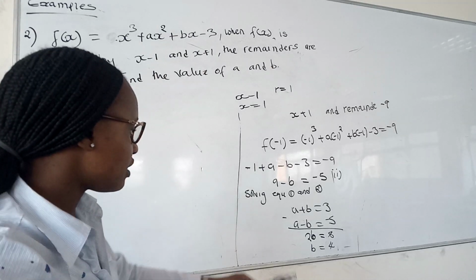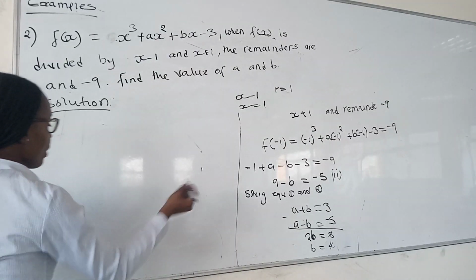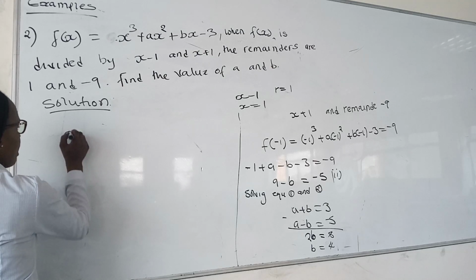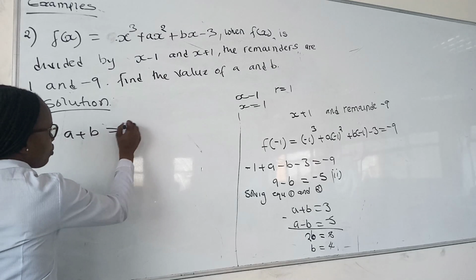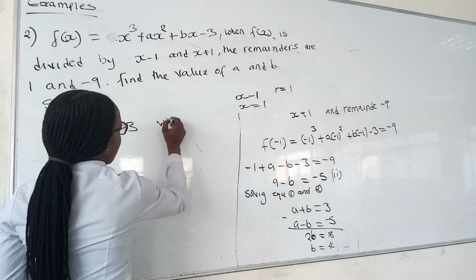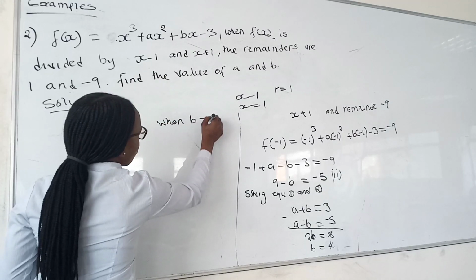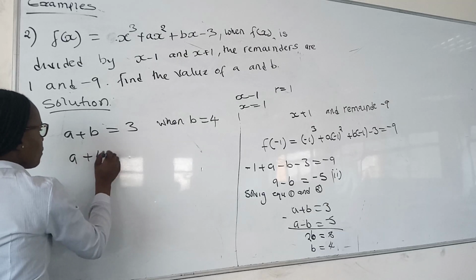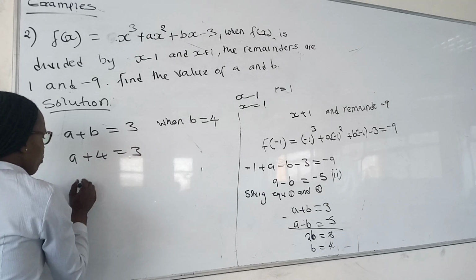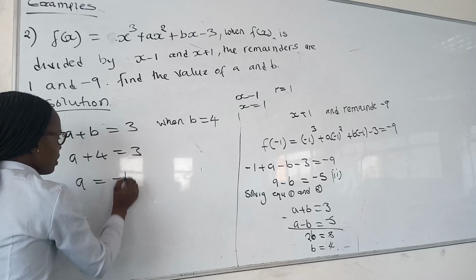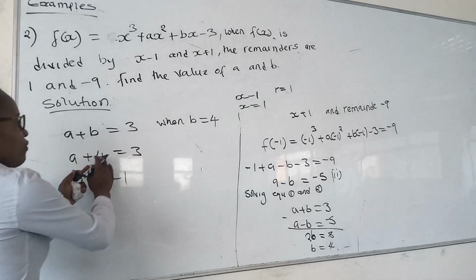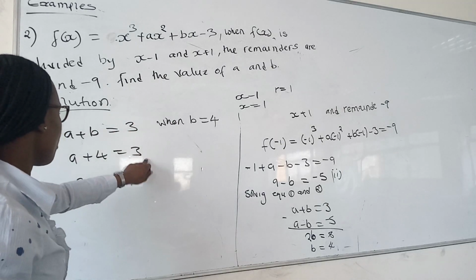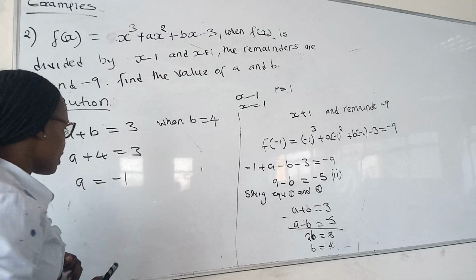Now that we found that the value of b is 4, we can pick any equation. We can even pick a plus b equal to 3 with b equal to 4. So a plus 4 equal to 3, where a is now equal to negative 1, because 4 crosses the equal sign and becomes 3 minus 4, which gives us negative 1.